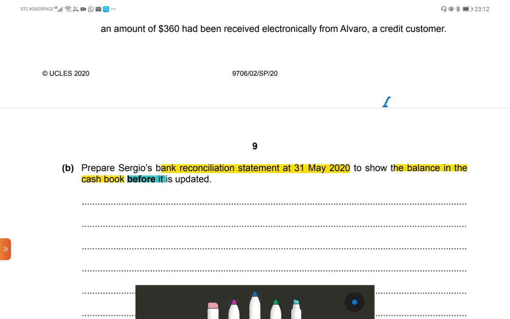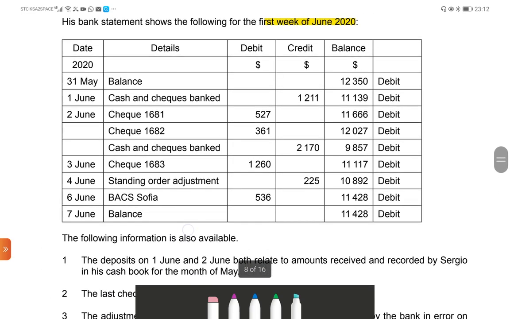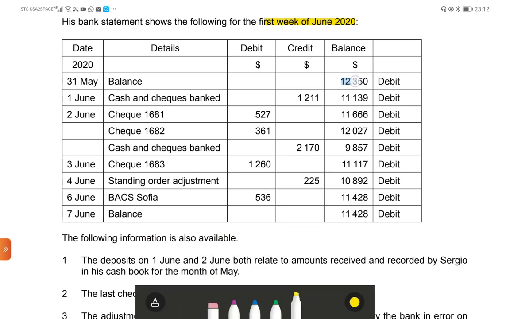What is the bank opening balance? We start with the bank balance, 12,350. The balance is debit here. The bank statement debit means cash book credit. So credit side balance is bank overdraft.